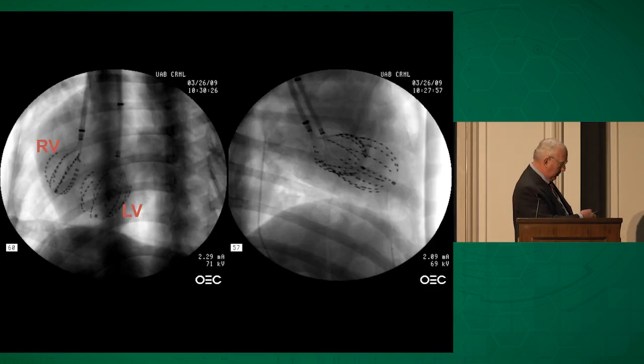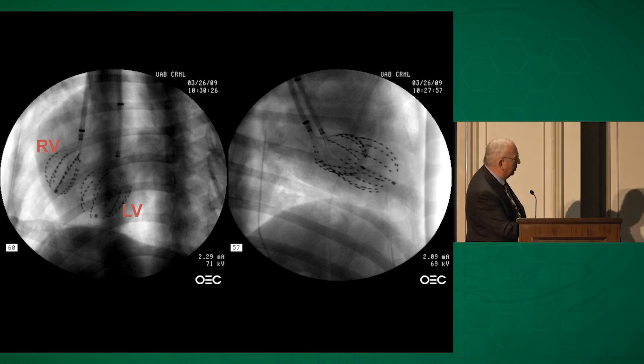So here's a study in which there were 2 baskets, one in the RV, one in the LV. There are 8 struts. Each strut has 8 electrodes on it. And we induced VF and let it go for at least 7 minutes.